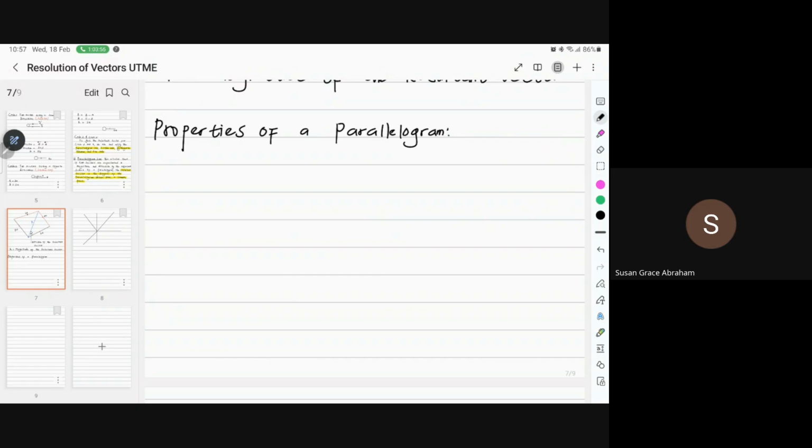So what are those key properties of a parallelogram that we need to always remember?